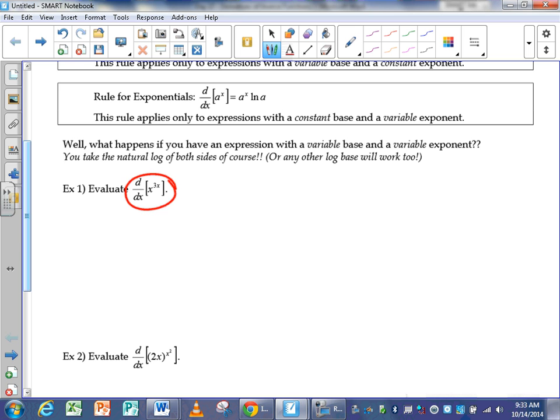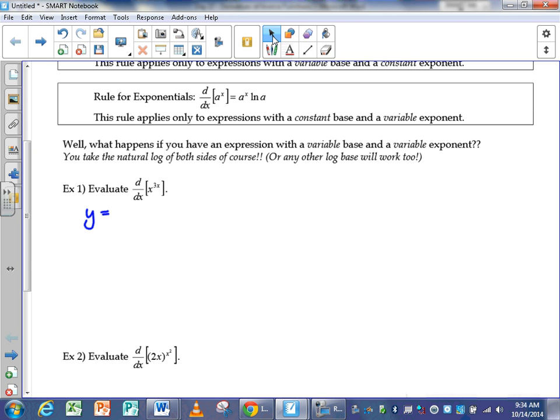So let's say we want to take the derivative of x to the 3x. What we're going to do first is rewrite that as y equals x to the 3x, and I want to take the derivative.